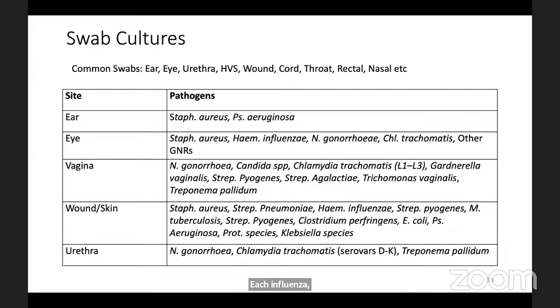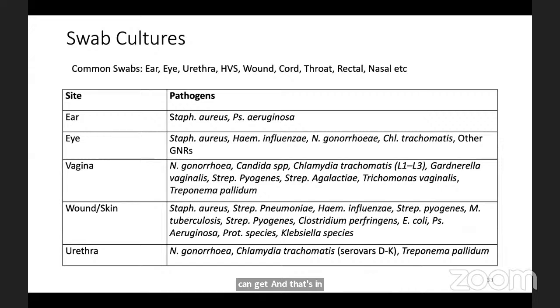It's called ophthalmia neonatorum, or something. This is when a woman has gonorrhea, is giving birth, the baby picks up the gonorrhea through the eyes and comes out, and then the eyes are virtually closed or plastered with pus. So you can get an eye sample where you grow gonorrhea. We can get chlamydia and can get other gram-negative growths.